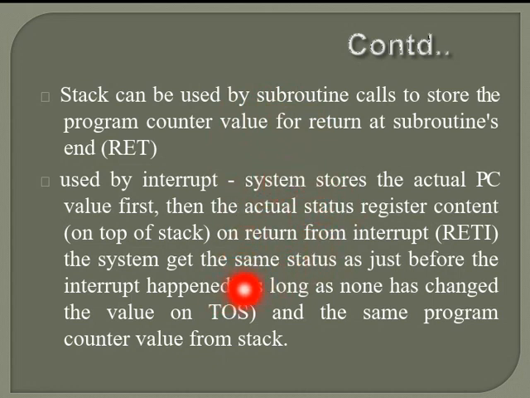The value which was stored in your program counter is restored. This is how the stack works whenever a subroutine call is made: the value is stored, it goes to the subroutine call, executes, and returns back, retrieving the value from your PC. So this is how your stack works.